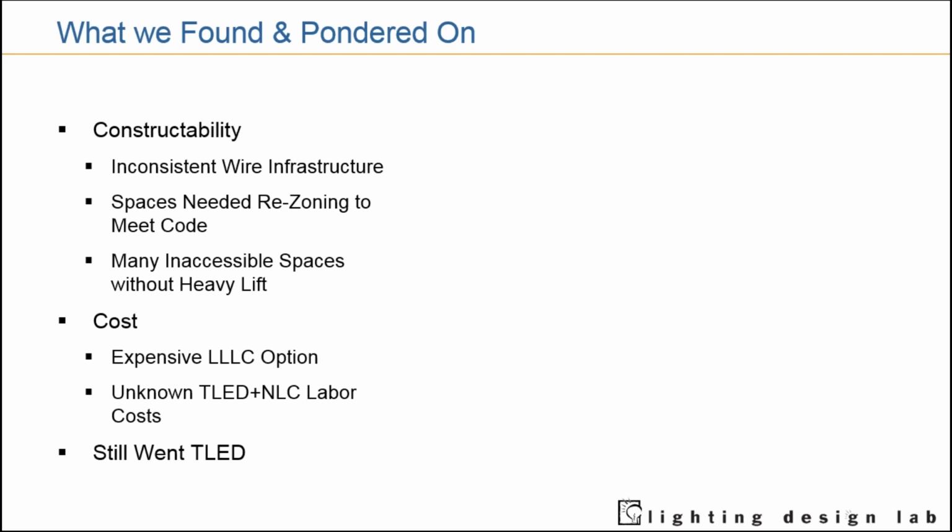So we were just thinking, hey, we can go with a known expensive LLC option, or with a TLED and NOC option that would look less expensive, but there were still a lot of unknown elements. They charged on and went with a TLED and NOC solution, more so because we believed that, even with the unknowns, it was going to be the lower lift on cost.